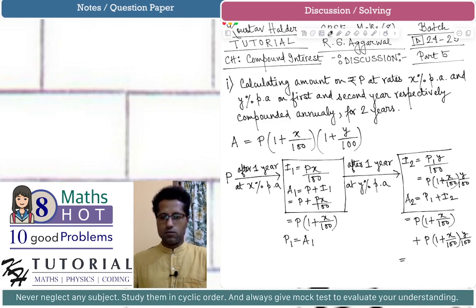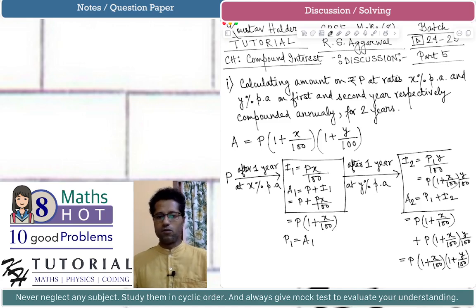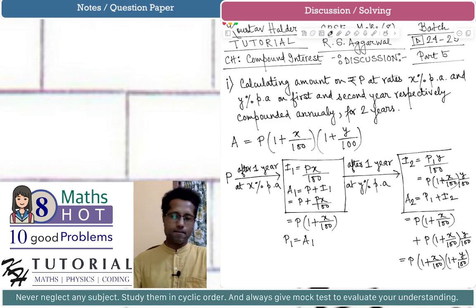If you take P into 1 plus x by 100 common, we will have P into 1 plus x by 100 multiplied by 1 plus y by 100. So we got the result as per the formula. The final amount after the end of the second year is P into 1 plus x by 100 multiplied by 1 plus y by 100.